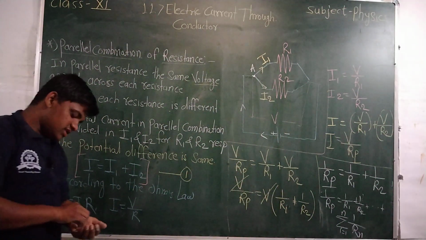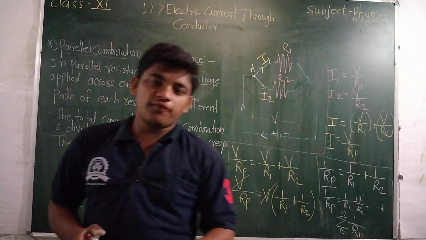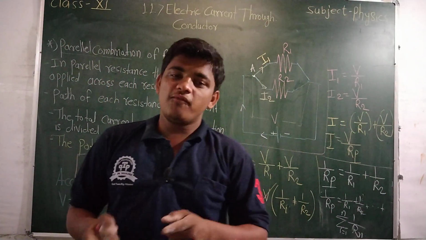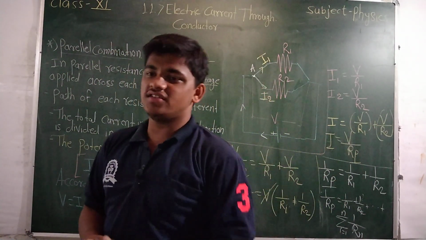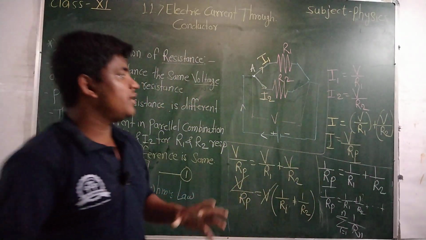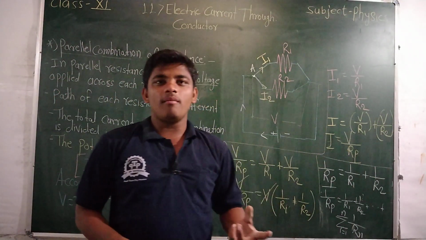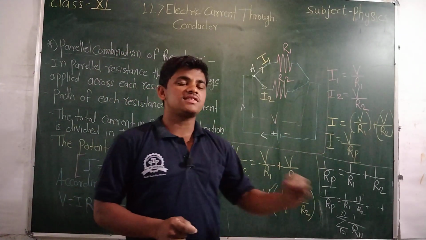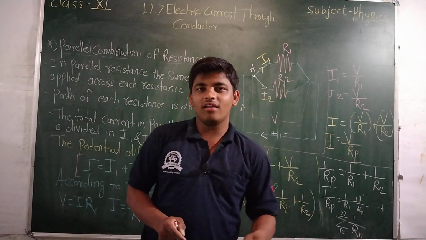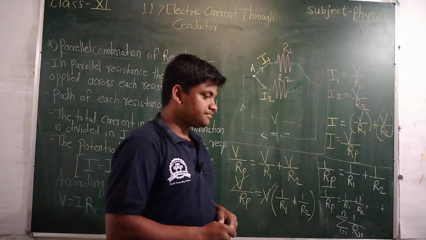We just discussed the comparison between two different types of connections: series combination of resistance and parallel combination of resistance. In series combination, the resistances are connected in the same path, but in parallel combination they are connected in different paths.